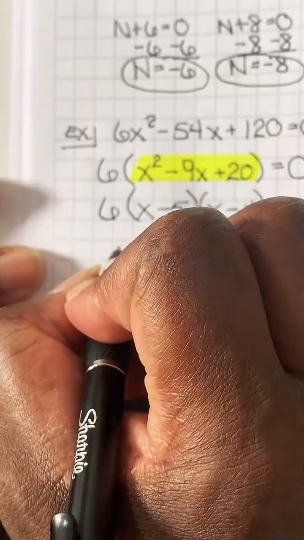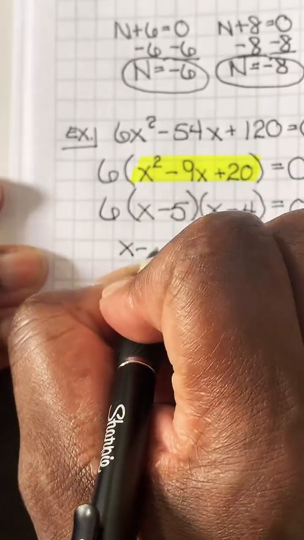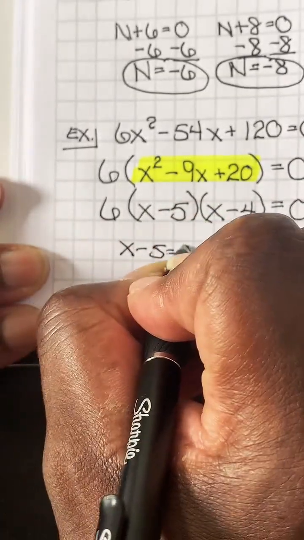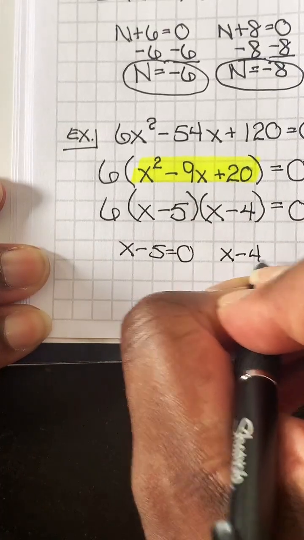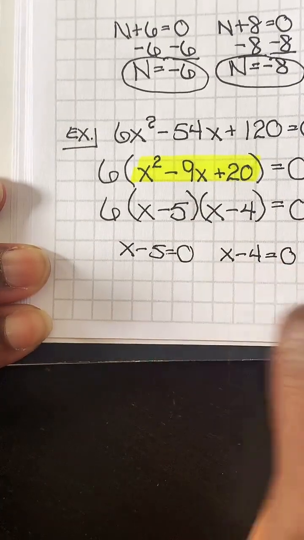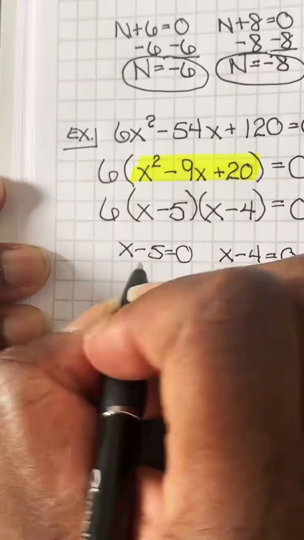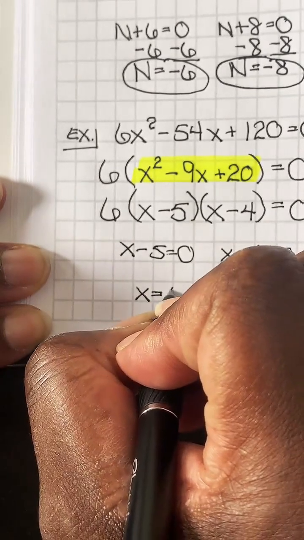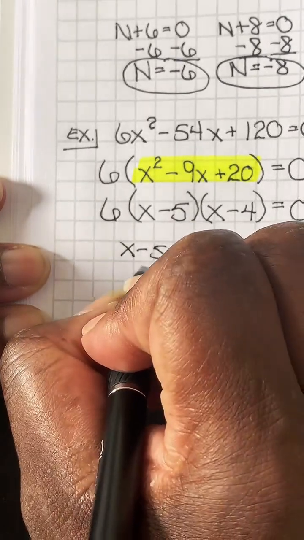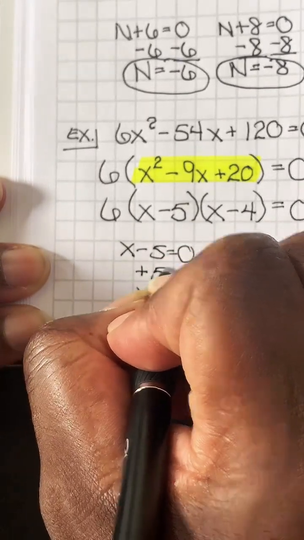So we have our x minus 5 is equal to 0. And we have our x minus 4 is equal to 0. So this one, my x is going to equal 5 because we add 5 on both sides.